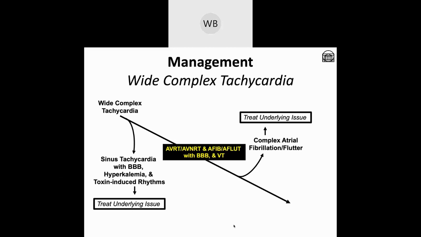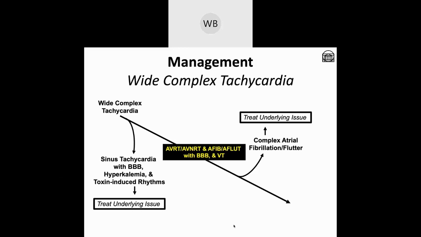So this would be AFib with RVR in a patient with sepsis, and highly likely sepsis with septic shock. This is somebody with a significant hemorrhagic issue like an upper GI bleed, somebody with a pulmonary embolus, a patient with severe alcohol withdrawal, et cetera. So complex AFib really describes not only the rhythm itself, AFib with RVR, but the clinical setting in which it's occurring.